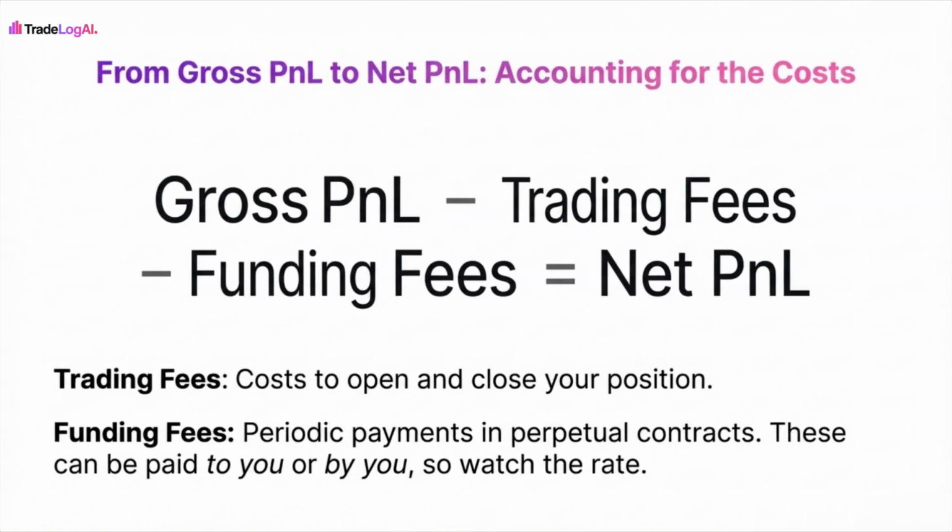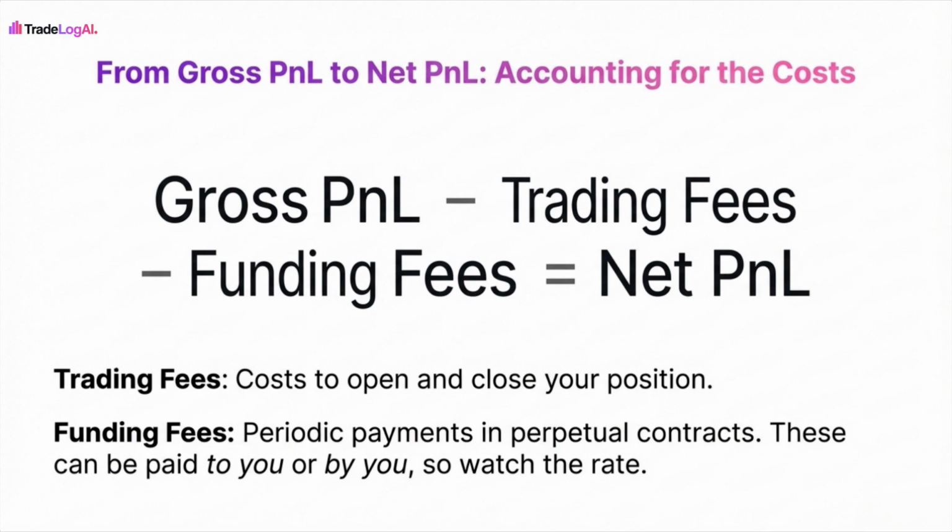Now let's go from gross PnL to net PnL by accounting for the costs. Think of it like this. Gross PnL minus trading fees minus funding fees equals net PnL. Trading fees are the costs you pay to open and close your position. Every entry and exit has a fee. Funding fees are unique to perpetual futures.